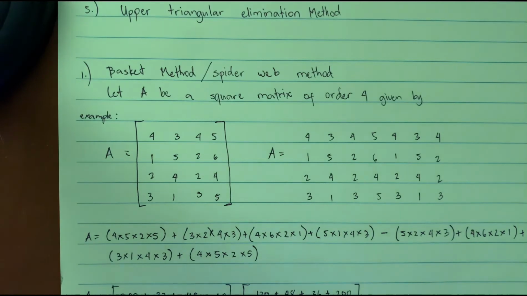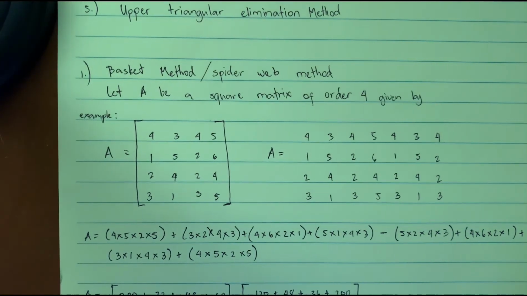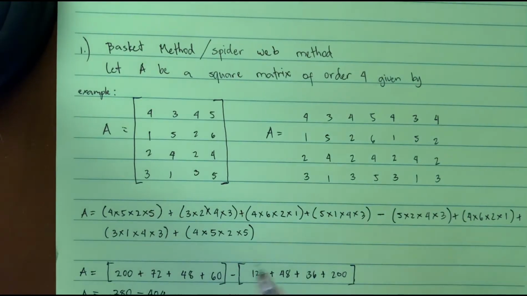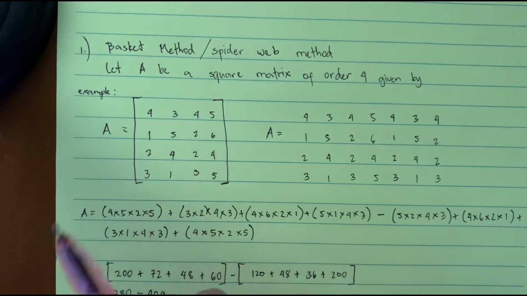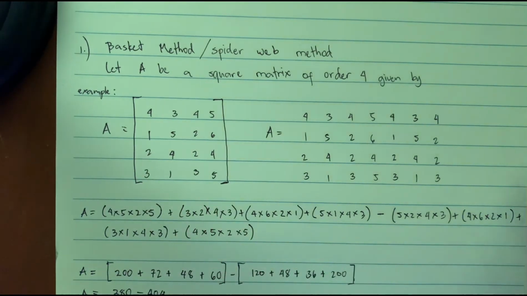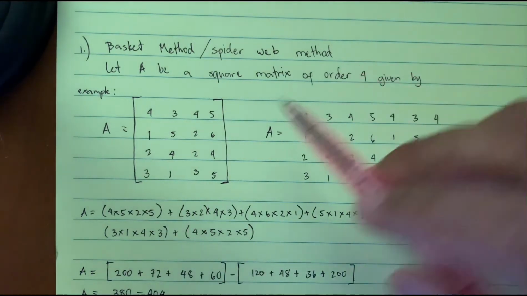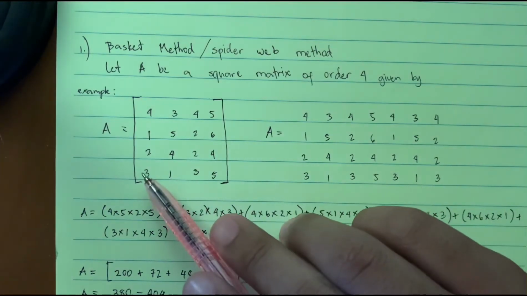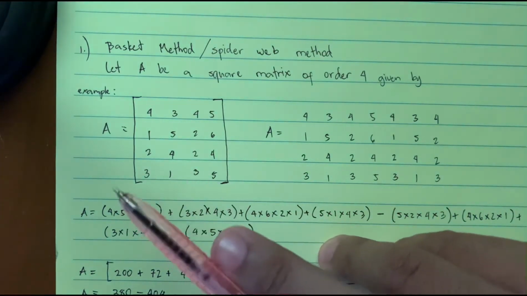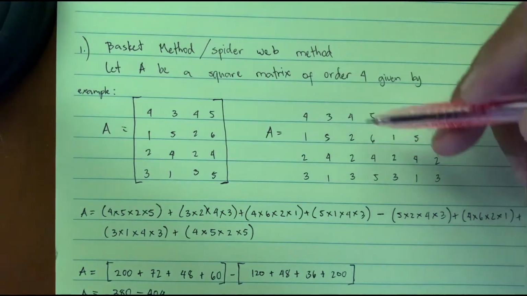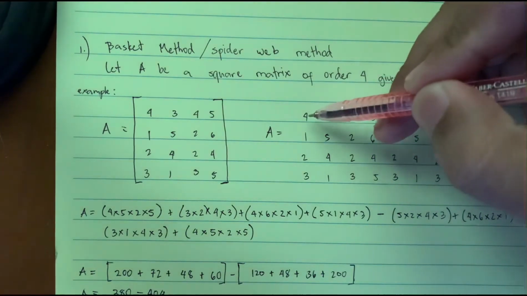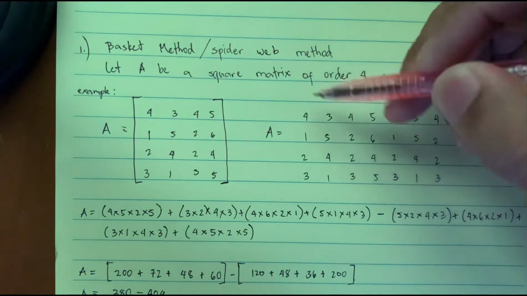May example ako dito. Let A be a square matrix of order 4 given by A is equal to 4, 3, 4, 5, 1, 5, 2, 6, 4, 2, 4. First, we multiply the diagonal. 4 times 5 times 2 times 5.